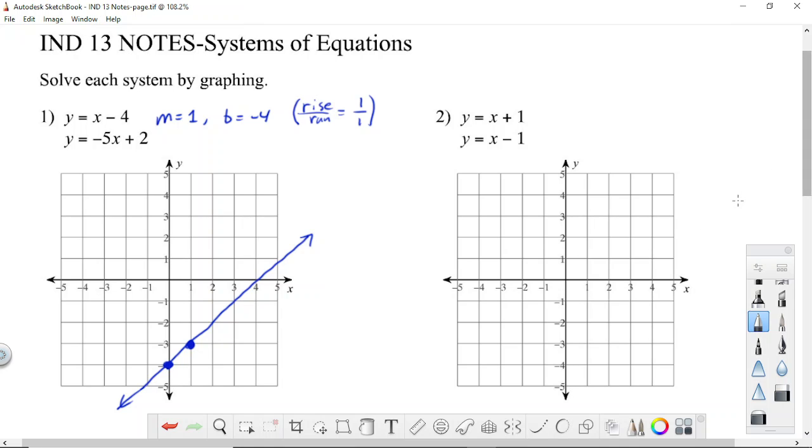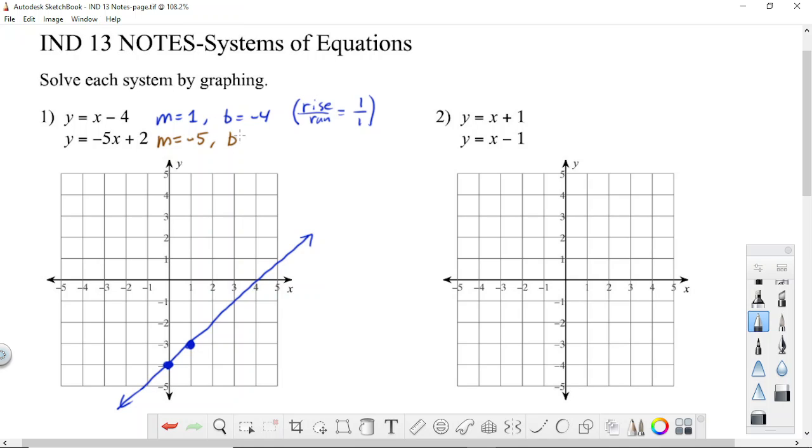Then I'll switch colors because I can, and it's fun. Let's go with something like that. A little bit darker. And the other line, the slope is -5.